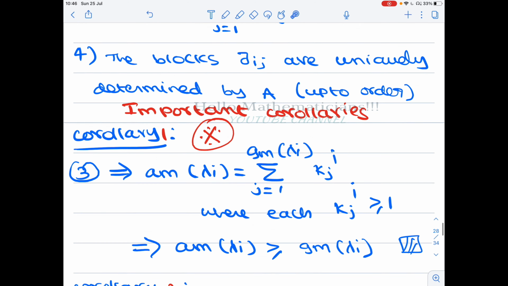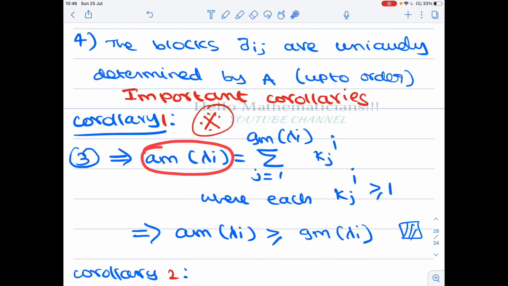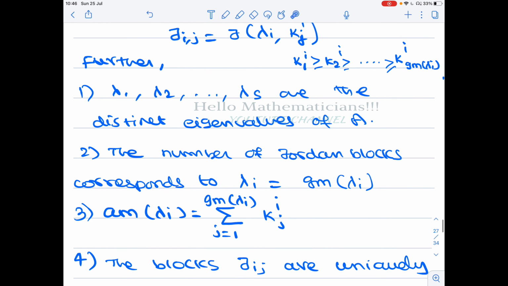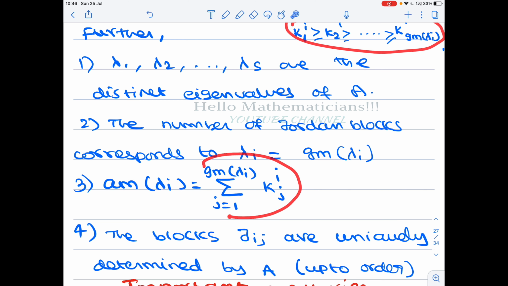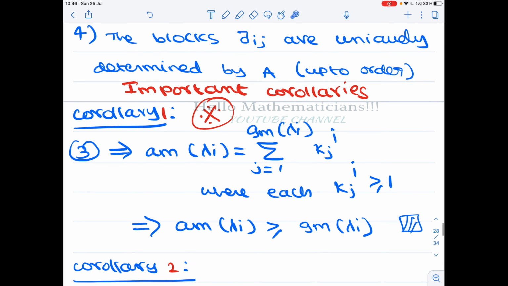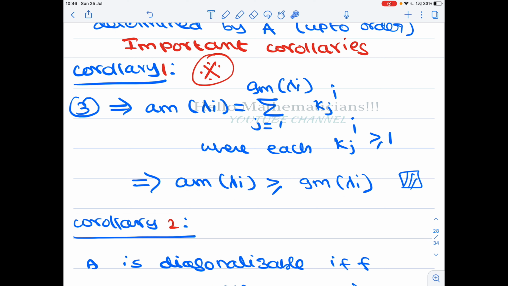Okay, so we just saw that the algebraic multiplicity of the eigenvalue lambda i is a sum of these numbers, right? Summation j equal to 1 to the geometric multiplicity of lambda i of k_ji, right? Now you note that these numbers are the sizes of the blocks. Therefore each number is at least 1.